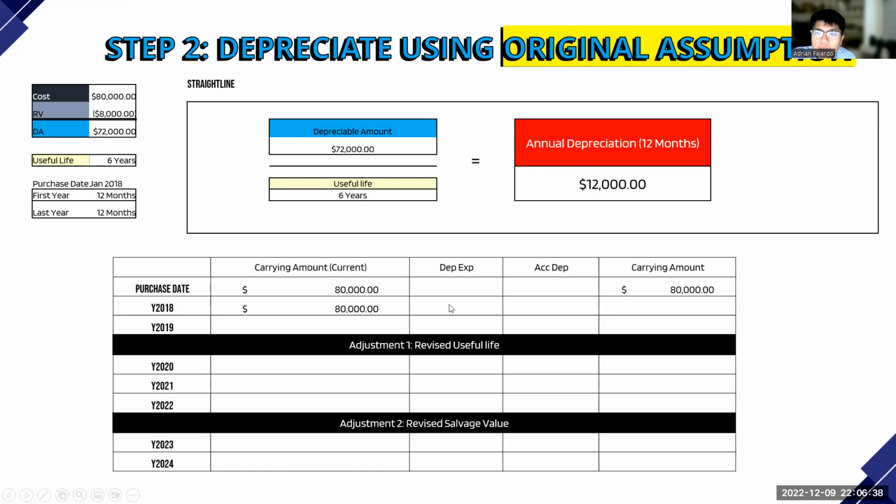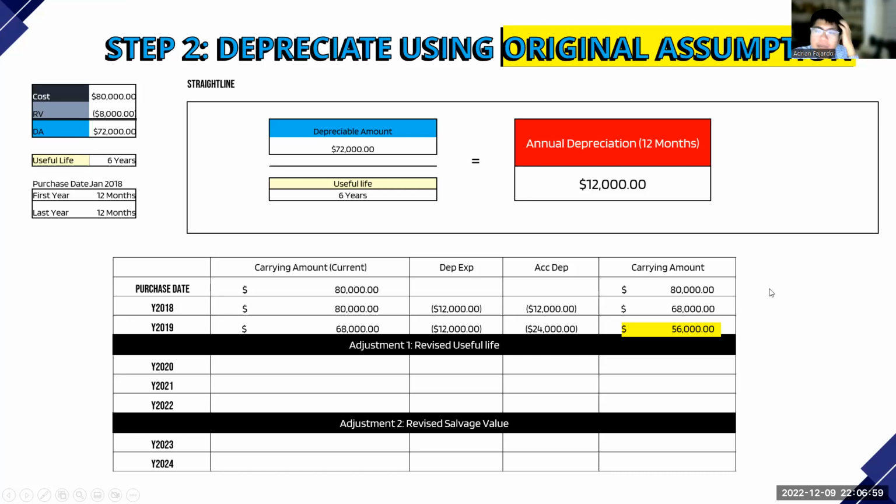So I can expect na 2018 and 2019 will have 12,000 in annual depreciation. So if I plug it in, I will now have a carrying amount at the end of 2019 of 56,000. And then sakto, dito nag-unang nag-break.